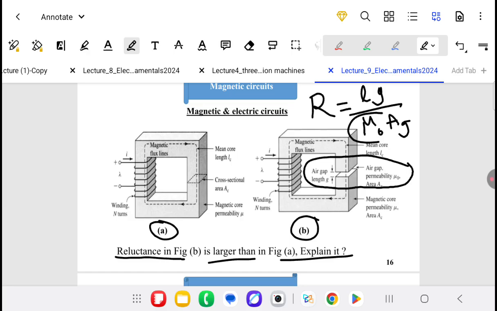The mu of the air gap is very small, 4 pi times 10 power negative 7, so the reluctance of the air gap will be very high, as mu is very small. Then the reluctance of figure B, due to the presence of the air gap, will be bigger than the reluctance of figure A.